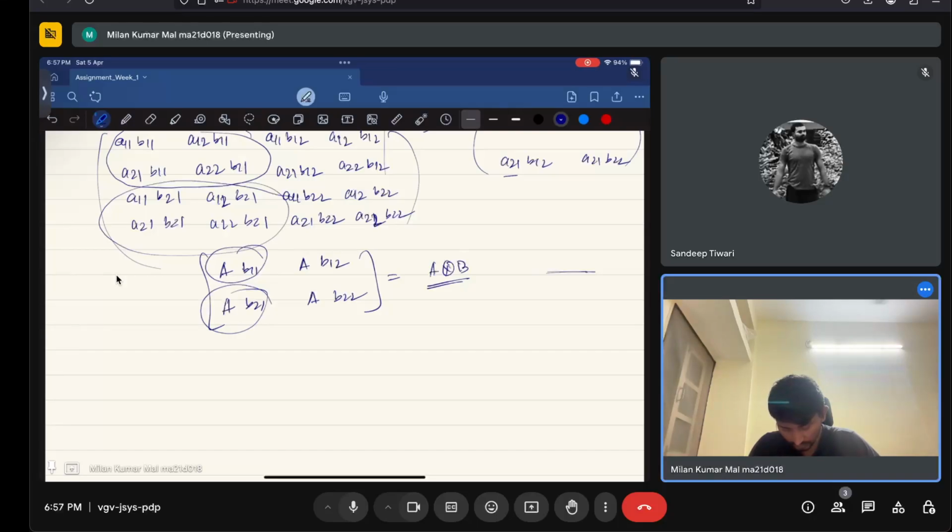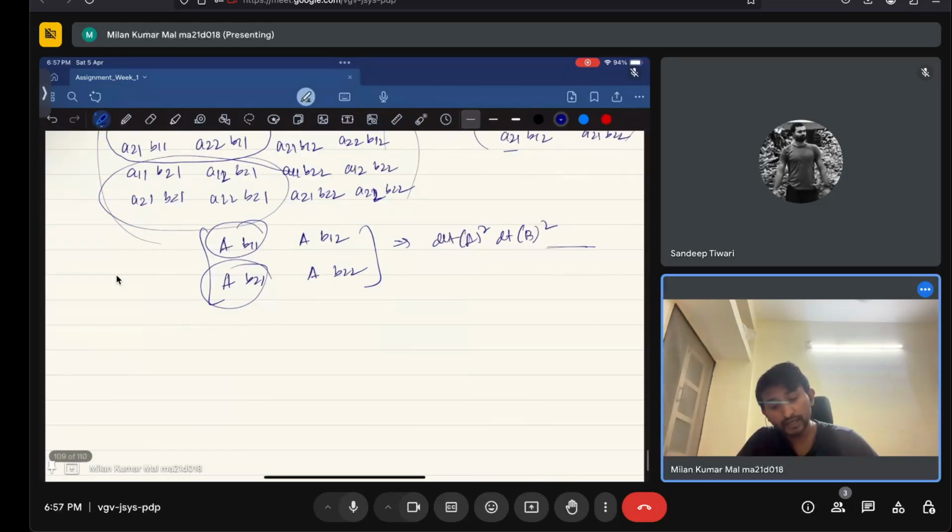Determinant of A tensor B: I think both of them will be power. This is the tensor product, so here determinant will be the product actually, something like determinant of A square, determinant of B square.